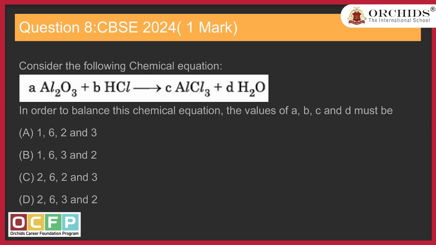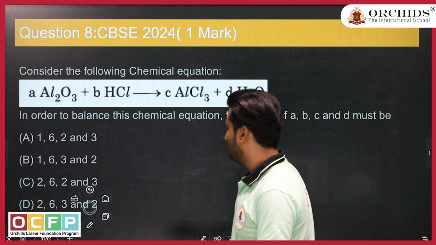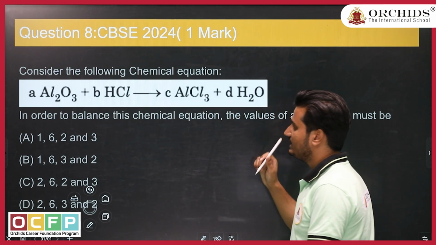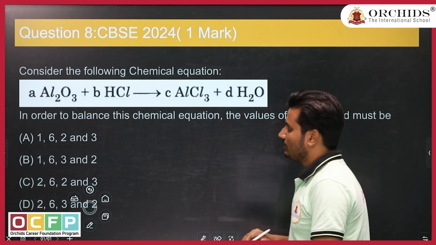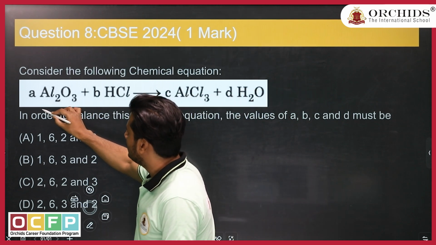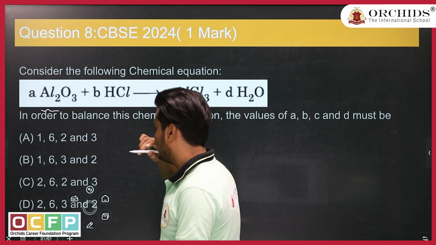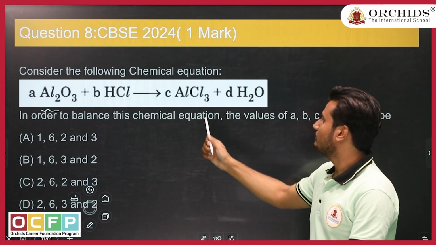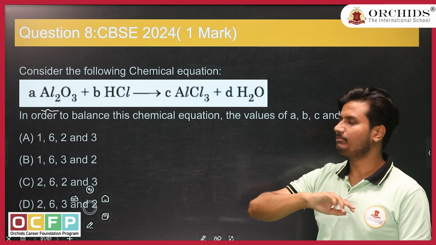Let's move to our next question, question number 8, that was asked in 2024. We have to balance the equation and find the values of A, B, C and D. We will start by balancing the aluminum first. As you can see, there are 2 atoms of aluminum on the reactant side, but only 1 atom of aluminum on the product side.